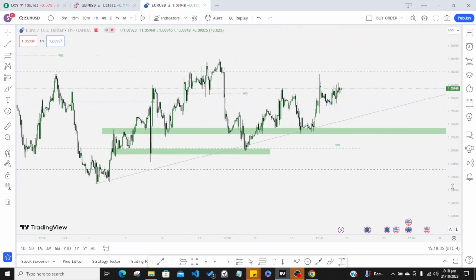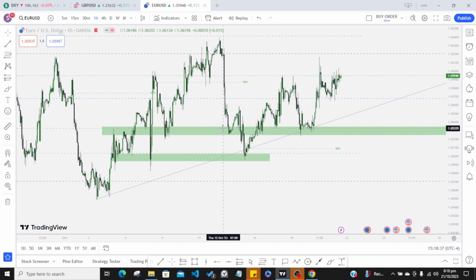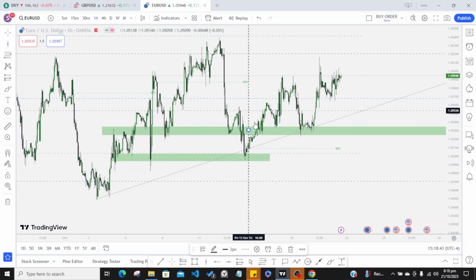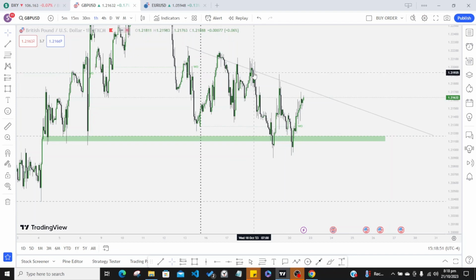And now coming to Euro USD, as you can see, Euro USD had a bullish week this week, and GBP USD was somewhat bearish. Have in mind, GBP USD and Euro USD are similar. They move in tandem. If Euro USD is going up, there's a high chance of GBP USD going up.